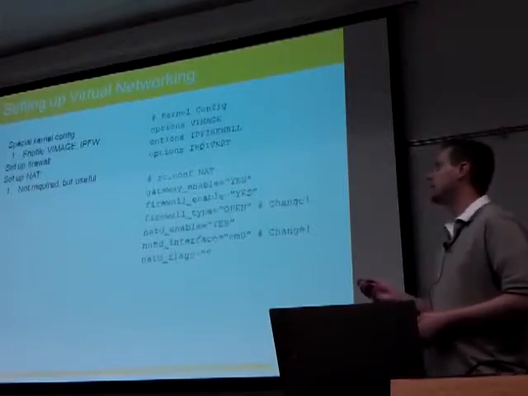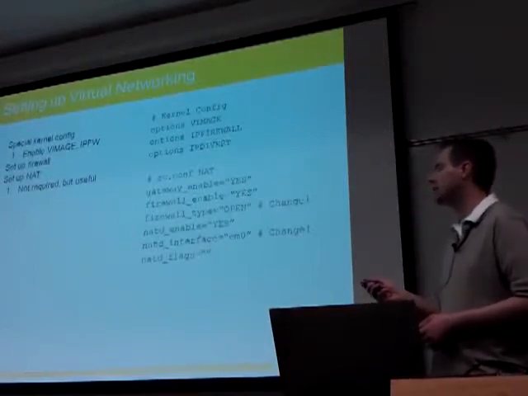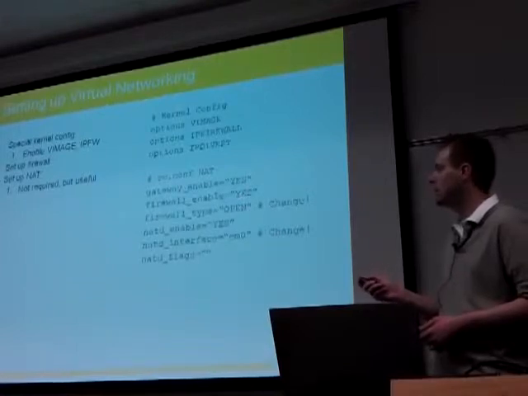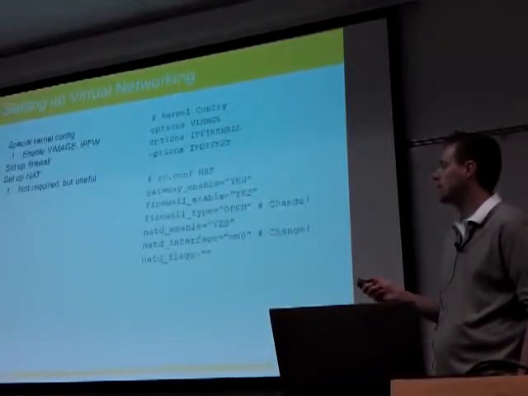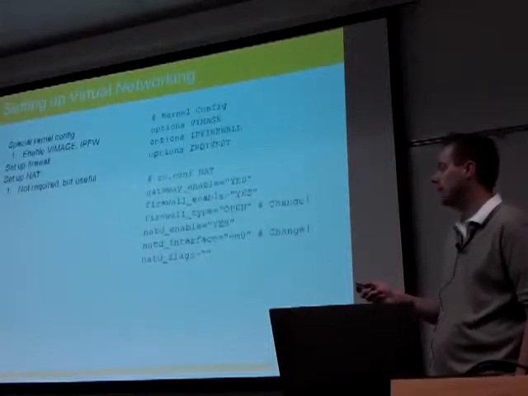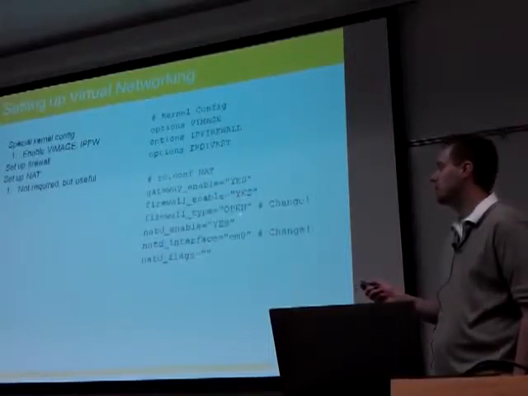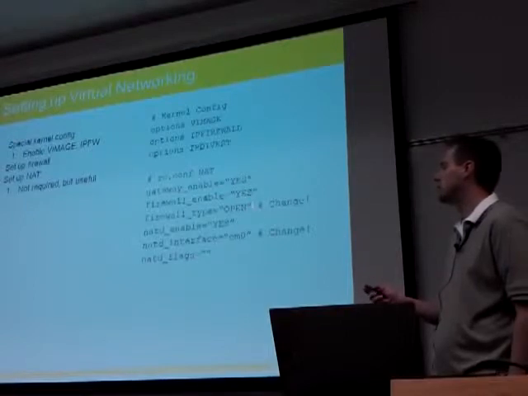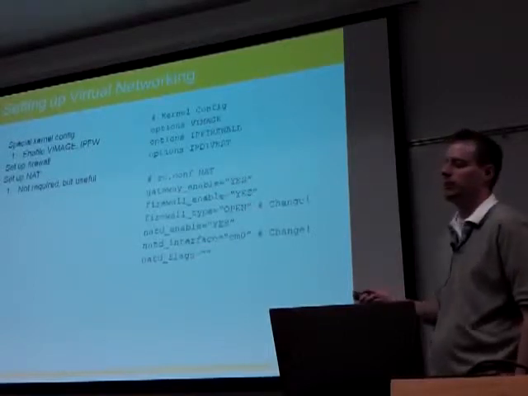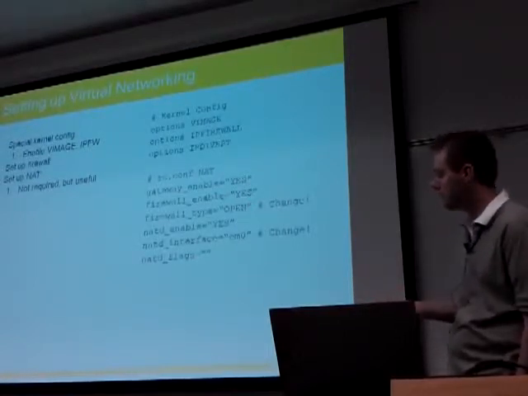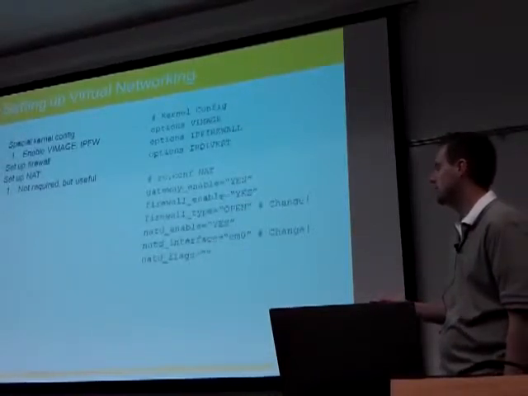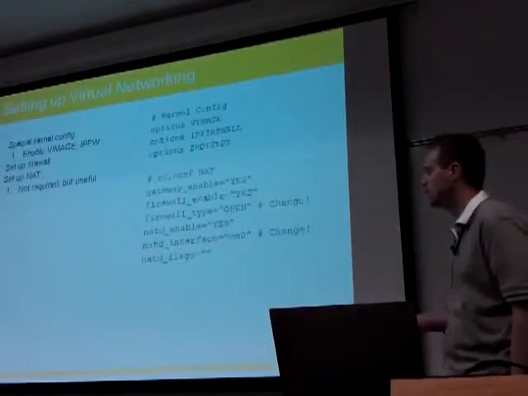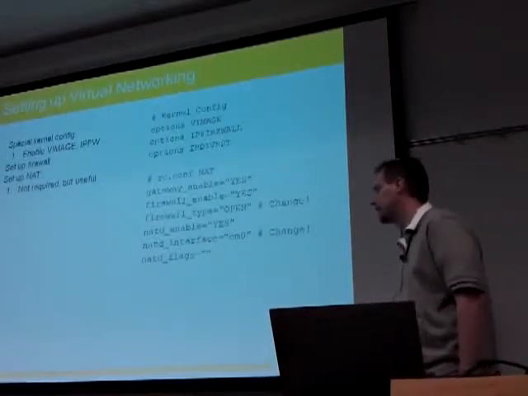Then in your rc.conf file, you set gateway_enable to YES and firewall_enable to YES. This enables IPFW, not PF. And you set the firewall type to open. You can change that if you want, but I'm just using simple defaults for this presentation. Then enable the NAT daemon and set the interface, and you can change that to whatever your WAN interface is.